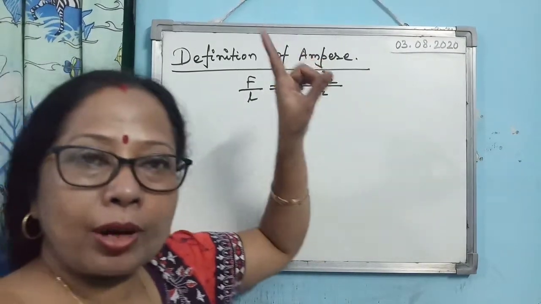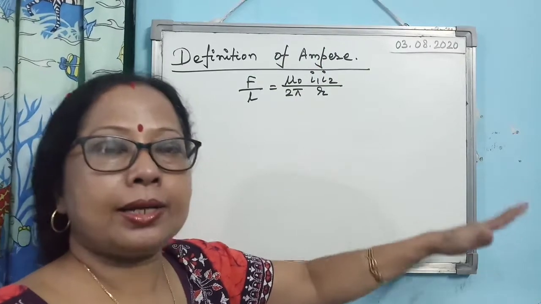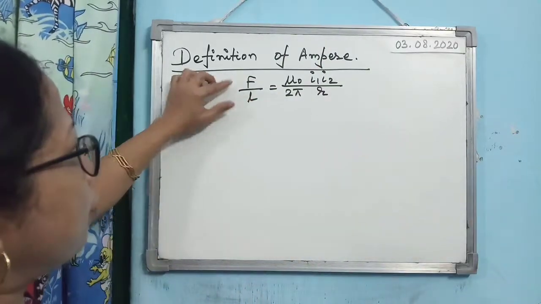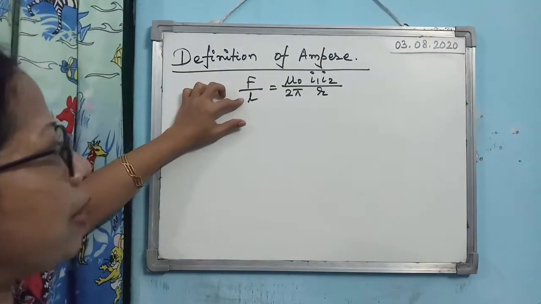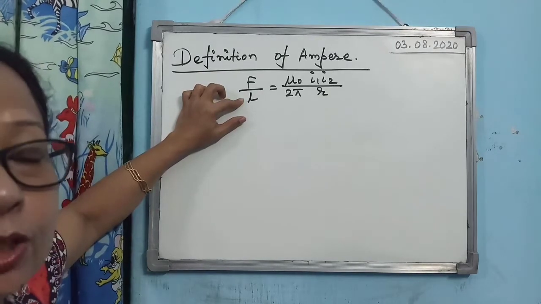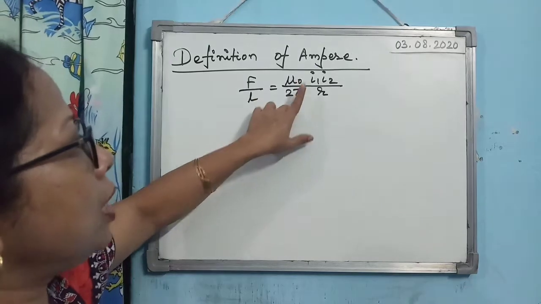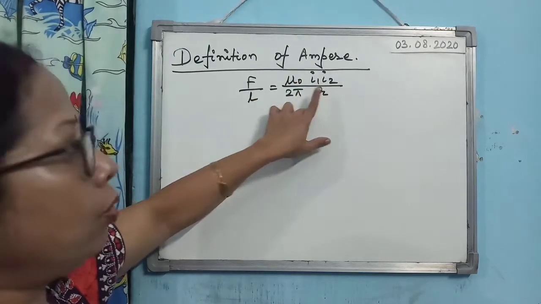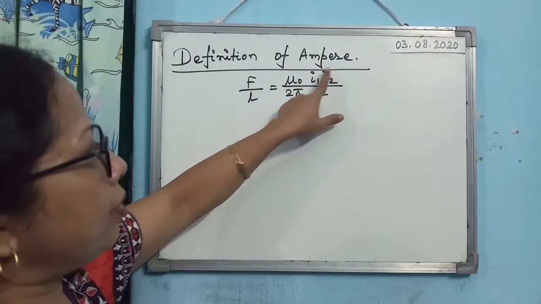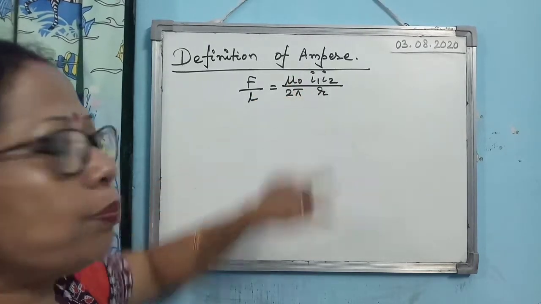According to the topic I discussed, the concept we have got, the force experienced per unit length by two parallel current carrying conductors is given by mu 0 I1 I2 by 2 pi R. I have written it together.